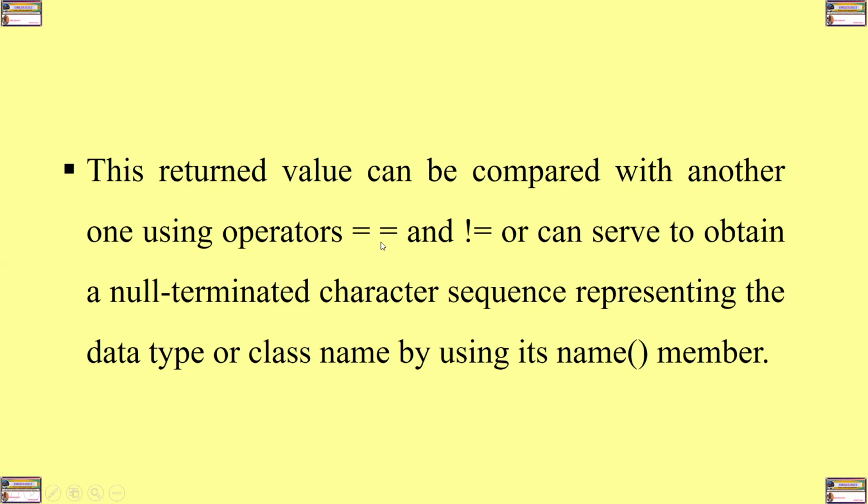Let me ask you, my dear students and the rest of the learners, is this symbol an assignment operator, or is it an equal sign operator? This is an equality operator, or equal sign operator, which checks if a value is equal to another one, and the other one is the not equal to operator.